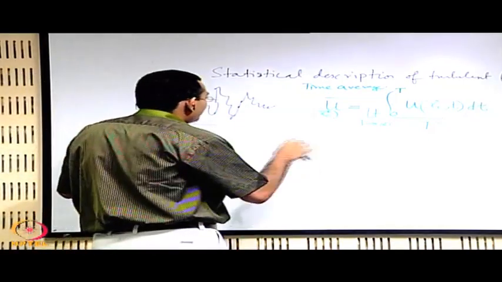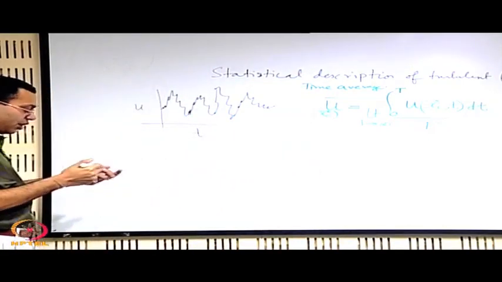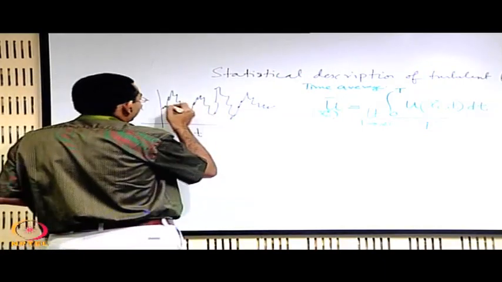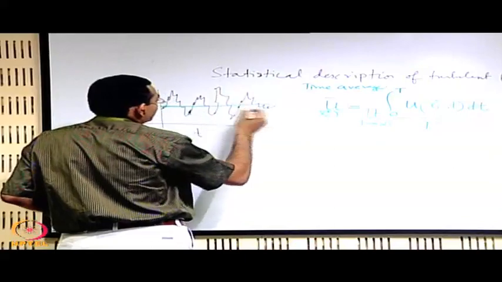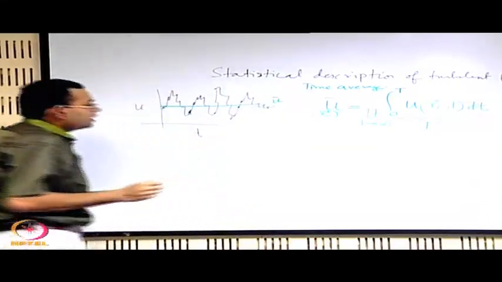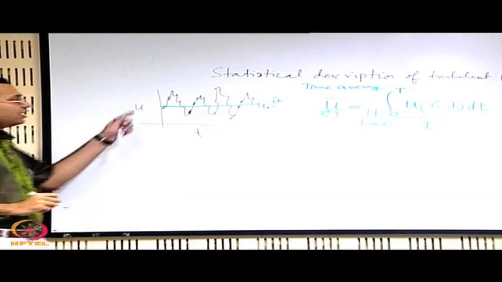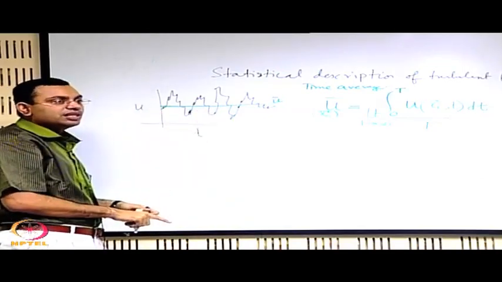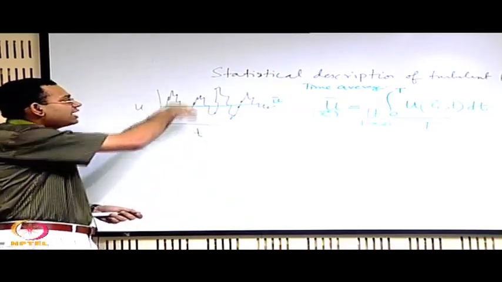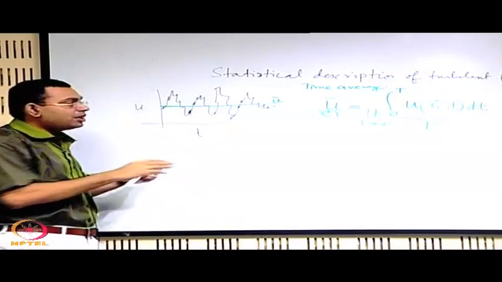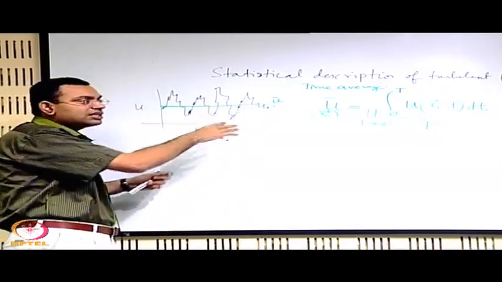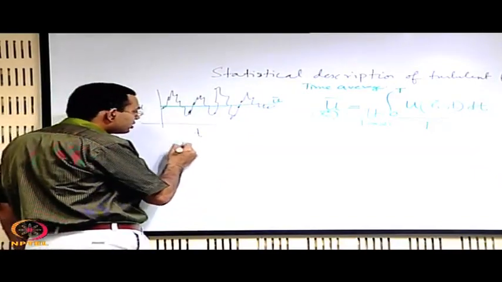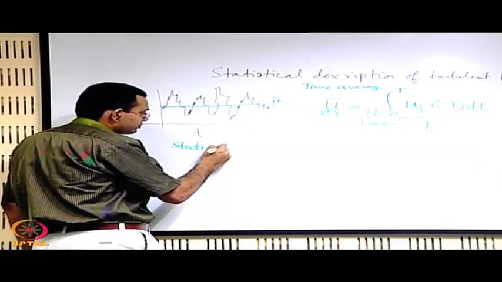If you now make this type of averaging and plot U bar, then it is possible that you get U bar like this, and in this example U bar is not changing with time. This type of case, where the actual thing is time dependent but in a statistically average sense the average is not a function of time, is known as stationary turbulence or steady turbulence.